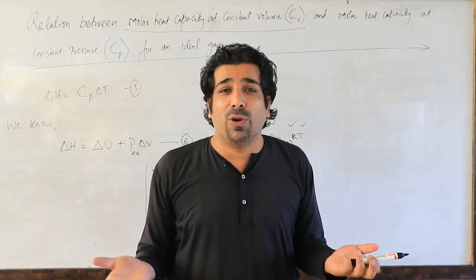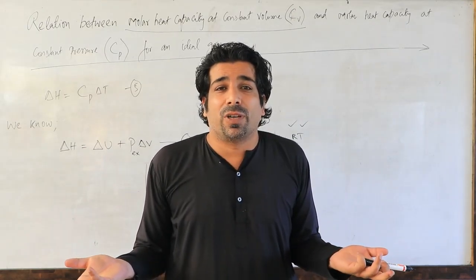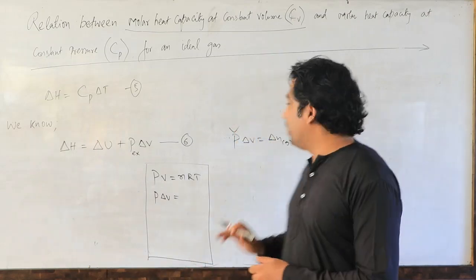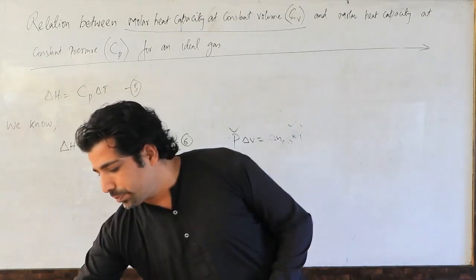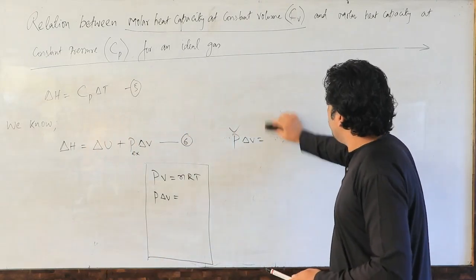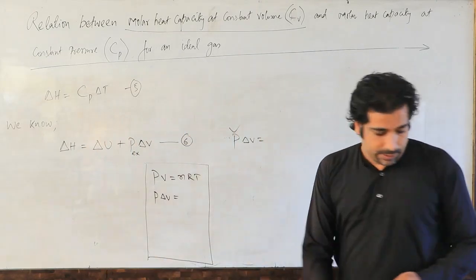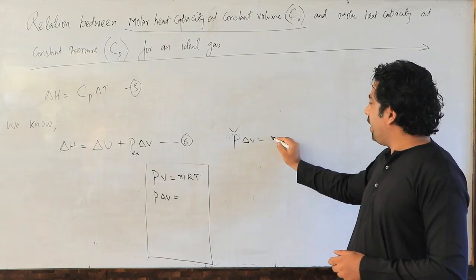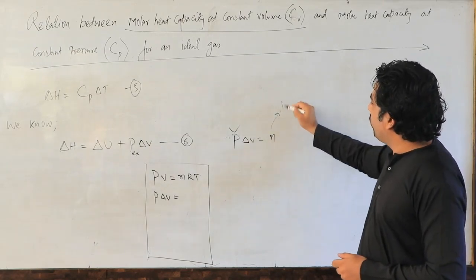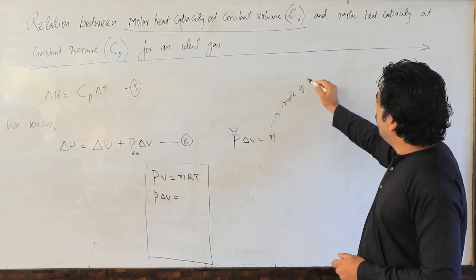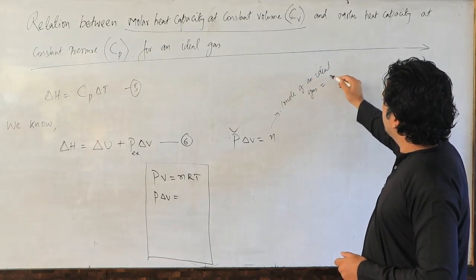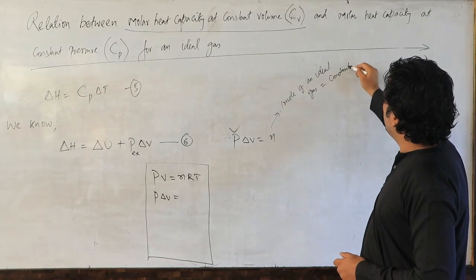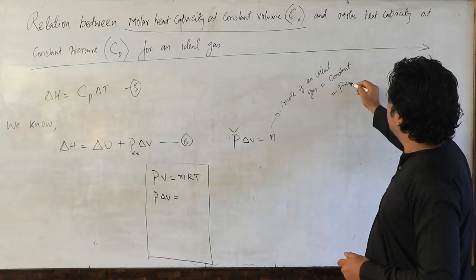We have only 1 mole of an ideal gas here, so the number of moles is constant. So my dear friends, in this expression, I can write down here n, because we have 1 mole of an ideal gas. So it is constant, or we can say its value is fixed.